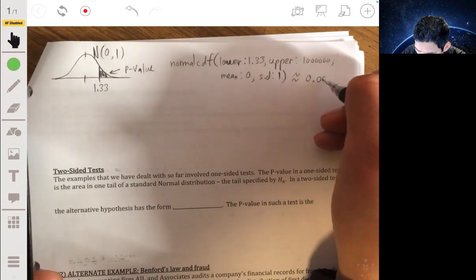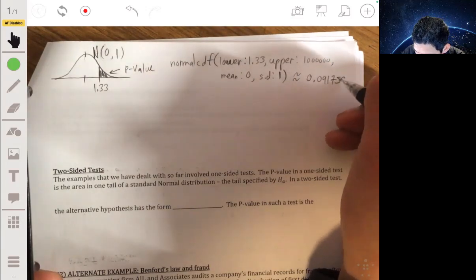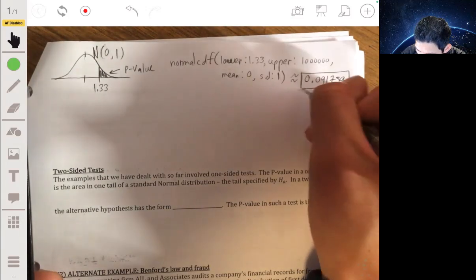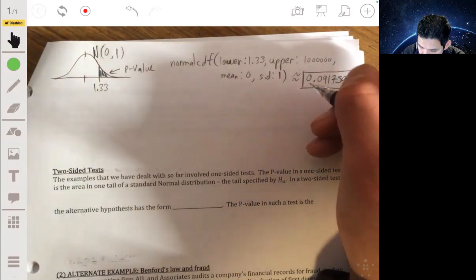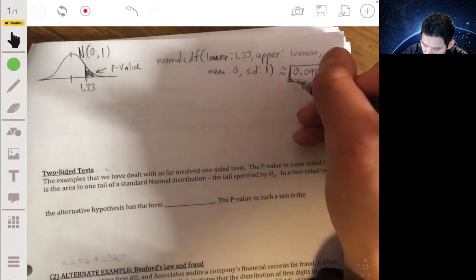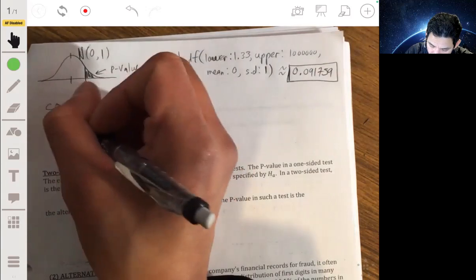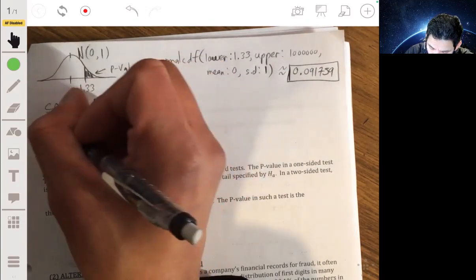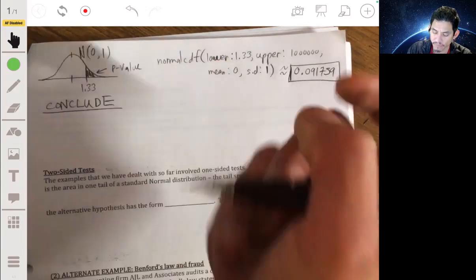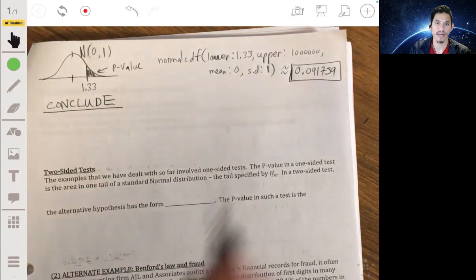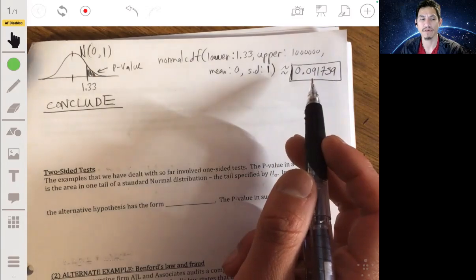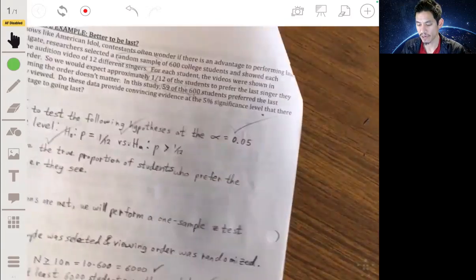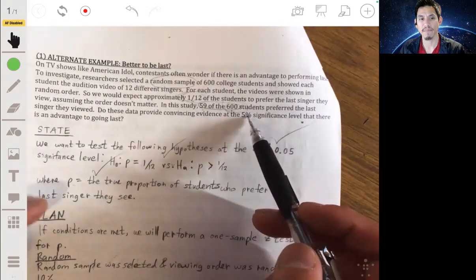So 0.091759. So this is our p-value. So that's our p-value. So what do we conclude? We get a p-value of about 9% but our alpha level is 5%.